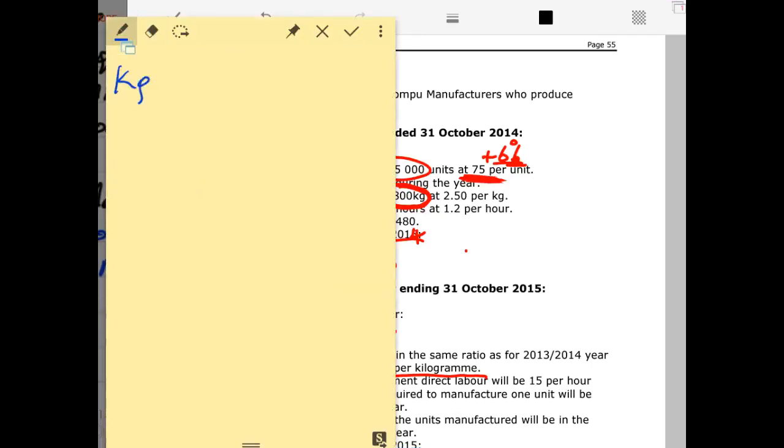We say kgs per unit is equal to kgs in total, 6,800 total kgs, divide by the units that were manufactured using those kgs, which is 13,600.